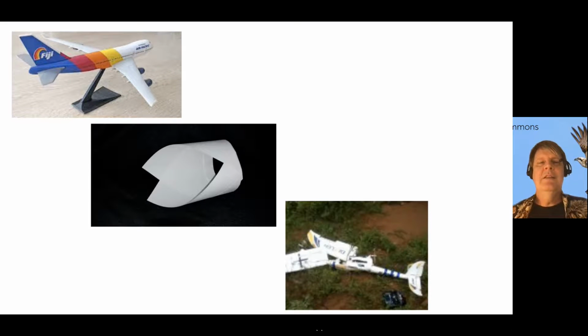So if we take sort of abstract ideas about modeling and we want to model flying planes, right? And learn about things through those models. Well, this is a really great model of a plane. You can see the shape, you can see the colors, right? But you can't learn anything about flight really from this because it's only going to fly as far as you can hurl it, right? It's not going to fly very well.